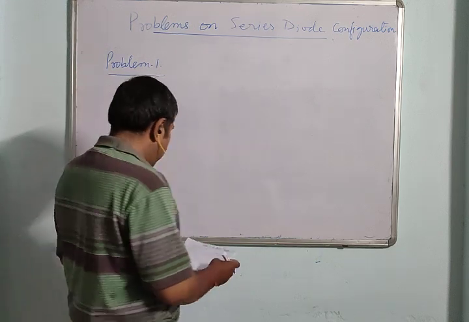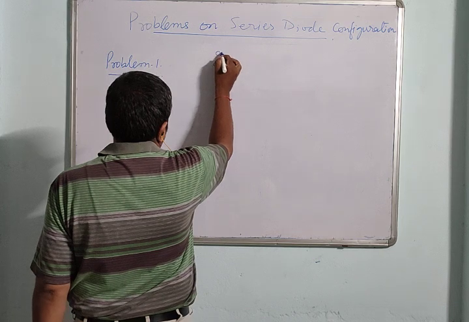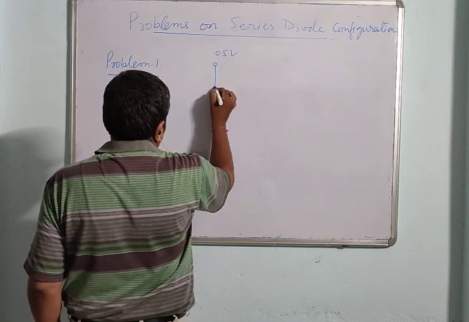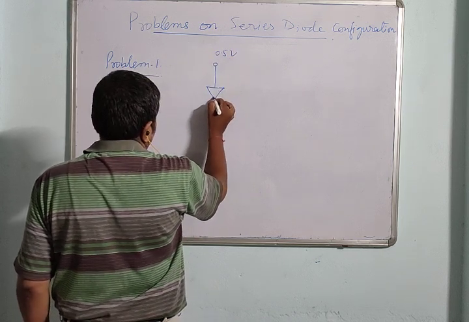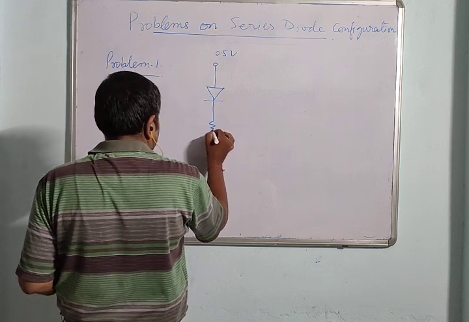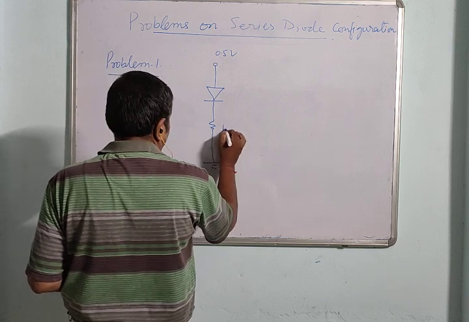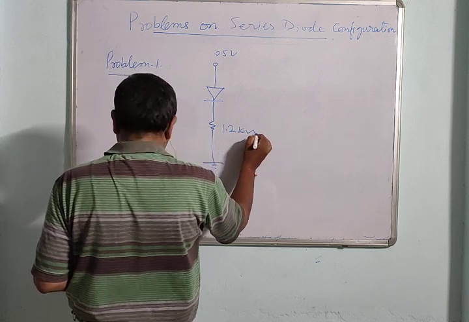Here we are getting an example. Suppose a battery of 0.5 volt is connected to a diode which is connected with a series resistance of 1.2 kilo.